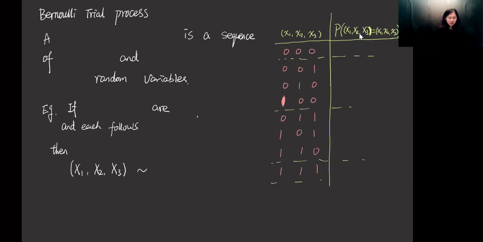When we observe more than one independent Bernoulli random variable, we consider them together and we call that a Bernoulli trial process.